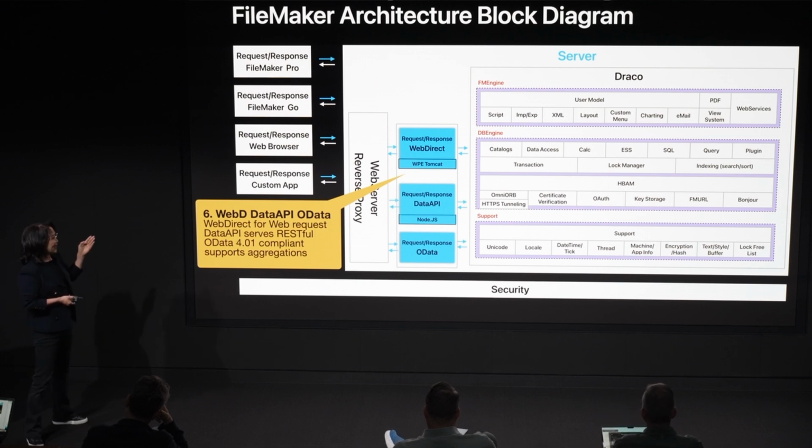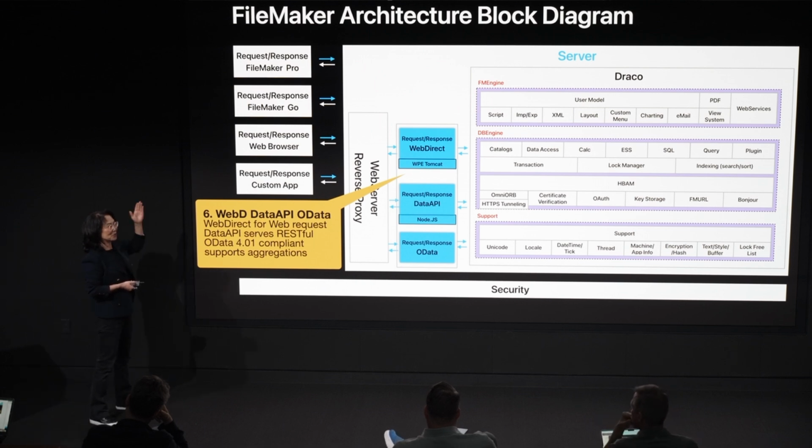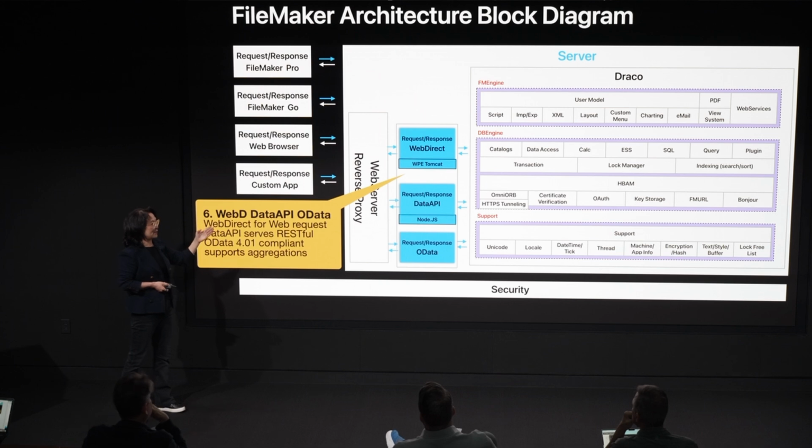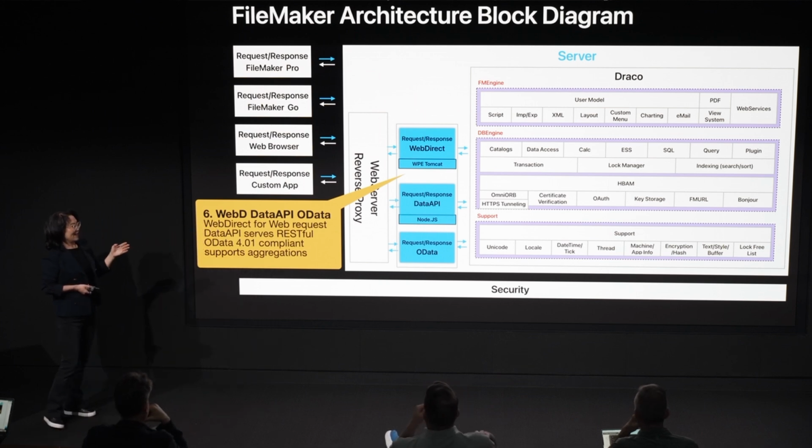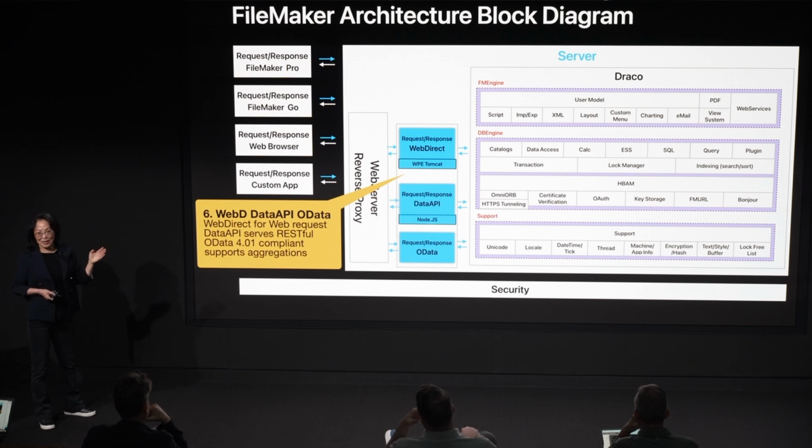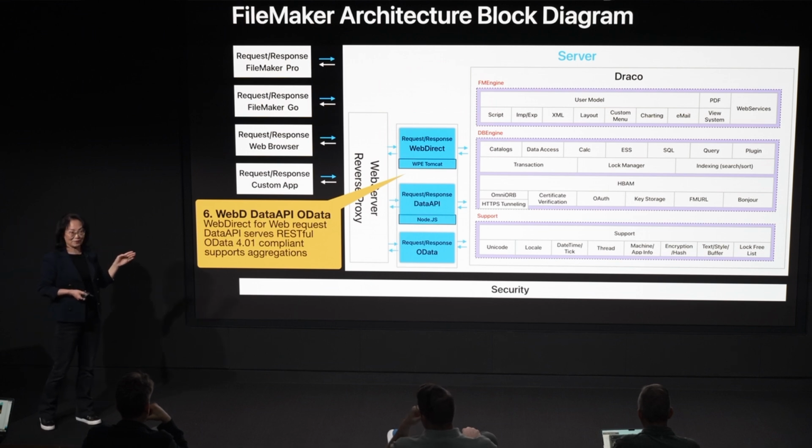WebDirect, Data API, and OData can also do data transactions. WebDirect with Tomcat serves web requests. Data API with Node.js serves RESTful requests. We are OData 4.01 compliant. In the 2025 release, we support OData aggregations.